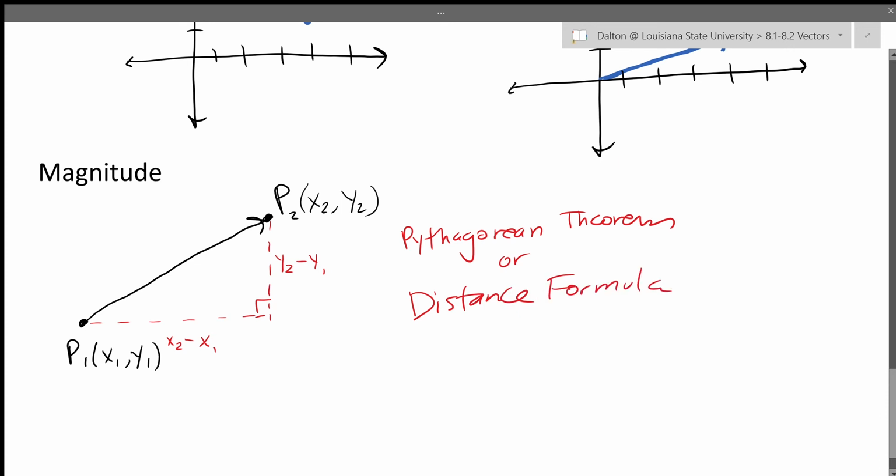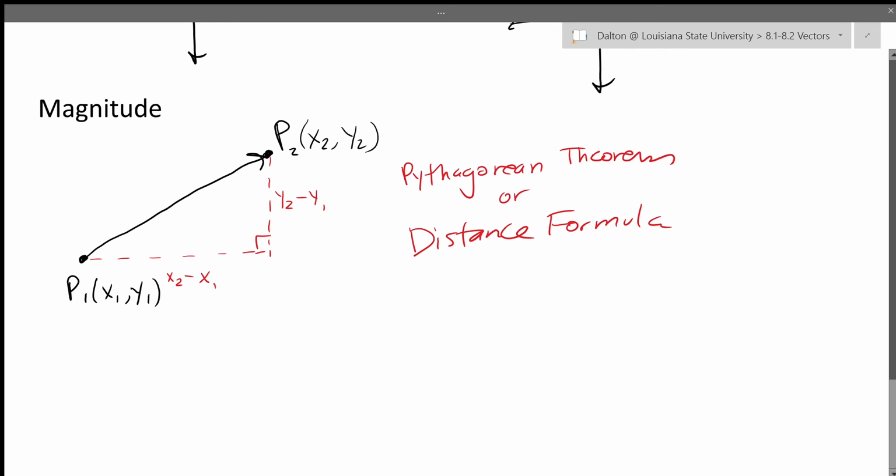Okay, so now we know distance is equal to the square root of all that kind of good stuff. So if I want to say distance particularly of this vector, then I would say the absolute value of P1P2, so the distance from P1 to P2, is equal to the square root of (x2 minus x1) squared plus (y2 minus y1) squared.